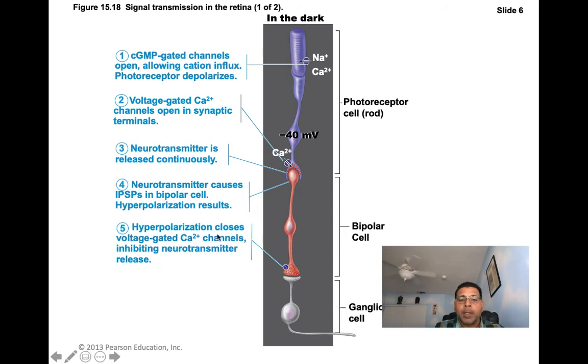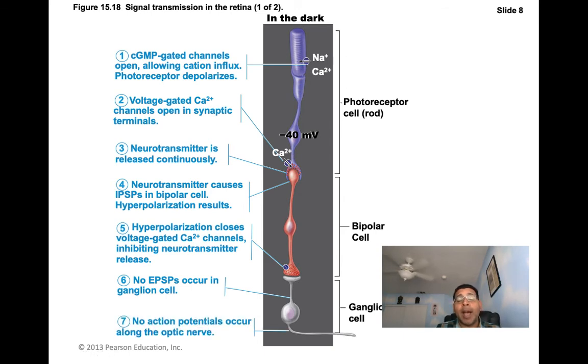Hyperpolarization closes the voltage-gated calcium channels, inhibiting neurotransmitter release by the bipolar cell, which then doesn't cause any excitatory postsynaptic potentials on our ganglion cells. Then no action potential is generated by our ganglion cell, not stimulating the visual pathway.